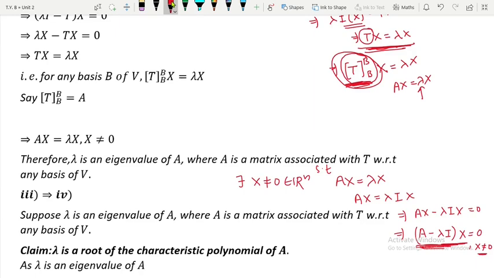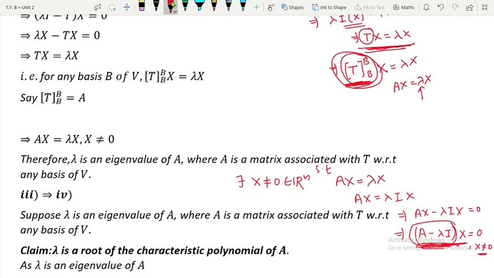Since x is non-zero, x is nothing but the eigenvector of A, and that eigenvector satisfies this system, which means this system has a non-zero solution. So what can you say about the determinant of the coefficient matrix? We have already seen this before. If the determinant of the coefficient matrix is non-zero, then the system will have a trivial solution, that is a zero solution.